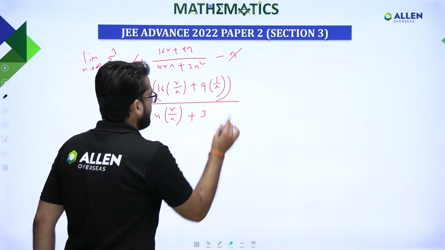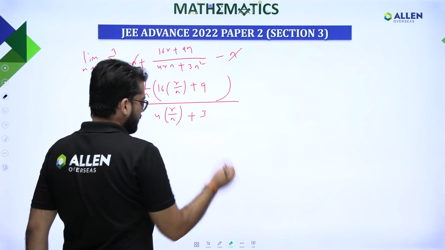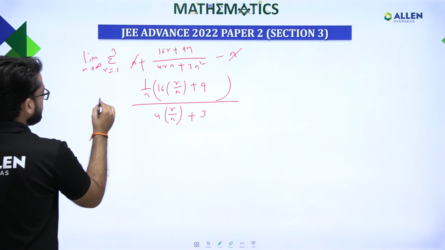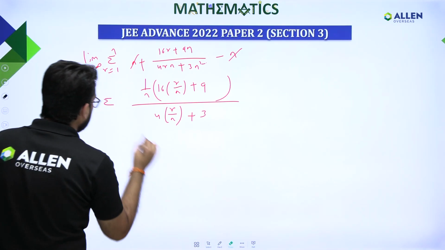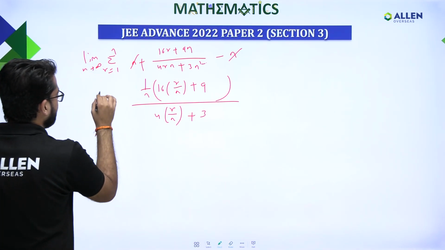Okay, here we have not a 1 by n only because we took 1 by n as a common. Summation r is equal to 1 to n, and limit n tends to infinity.